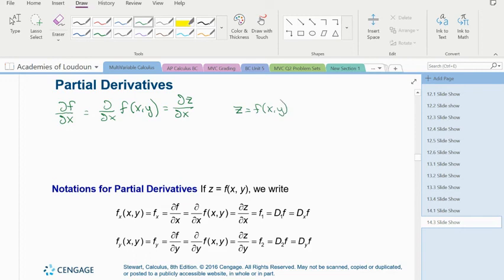Similarly, we can write similar notations for the partial of f with respect to y. We will have f sub y, the partial with respect to y. These two notations are rarely used, but occasionally do show up. And if you're going to be using Mathematica, you will need those.